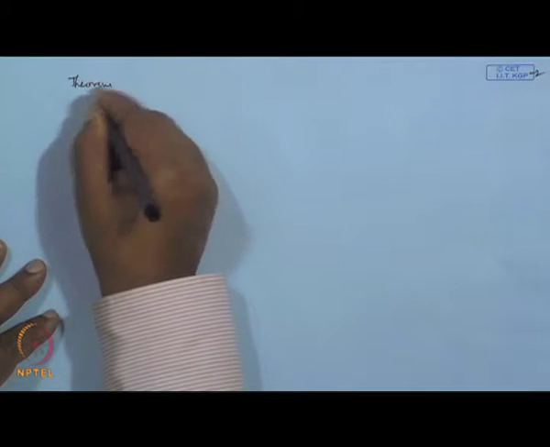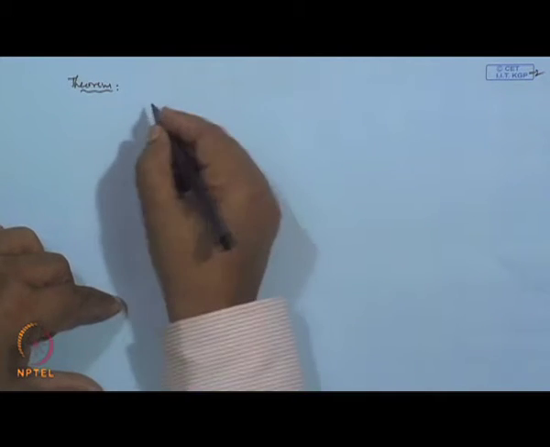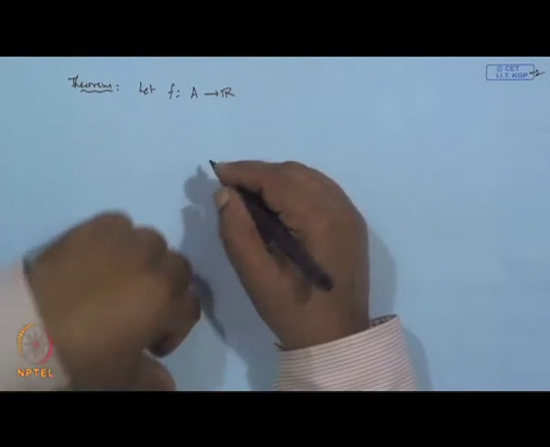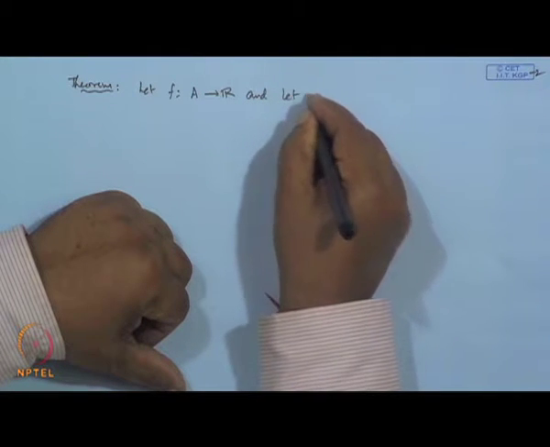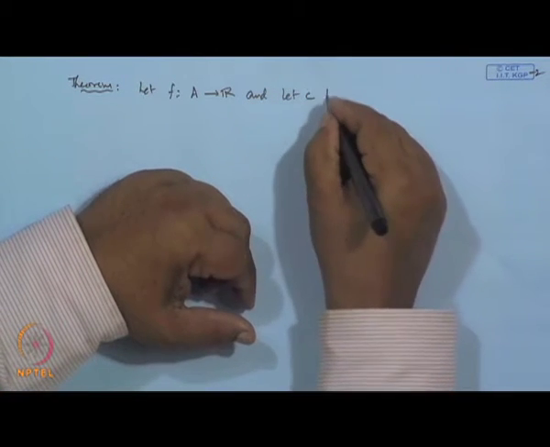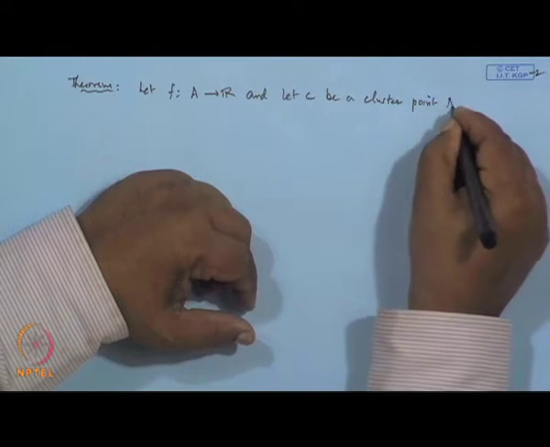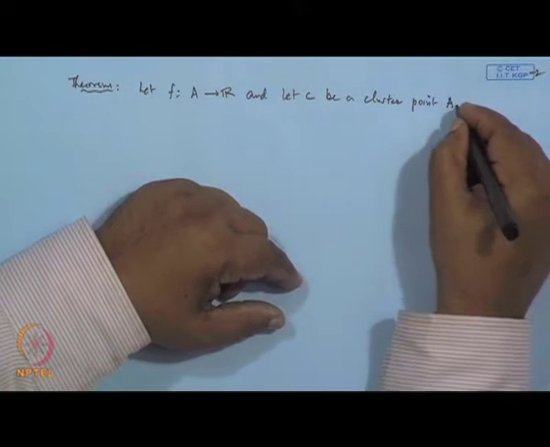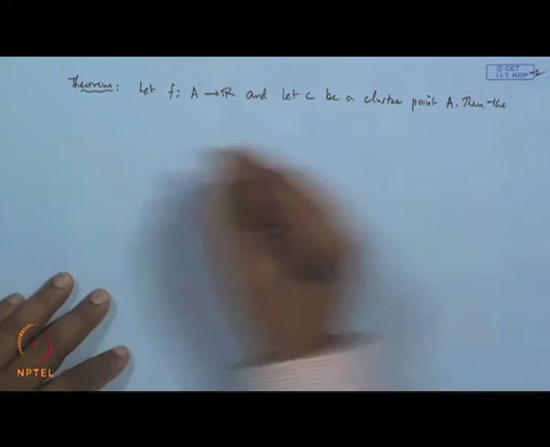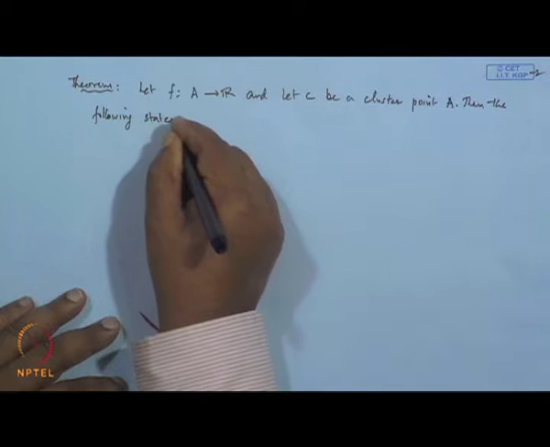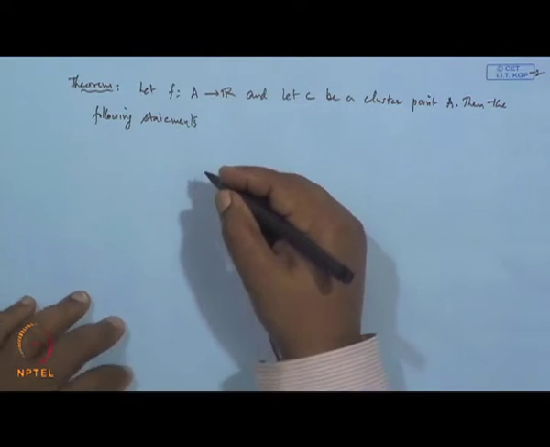So, this we can write in the form of a theorem. The theorem is: let f be a mapping from A to R, and let c be a cluster point of A. Then the following statements are equivalent.